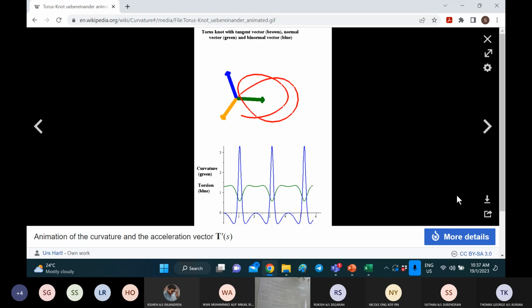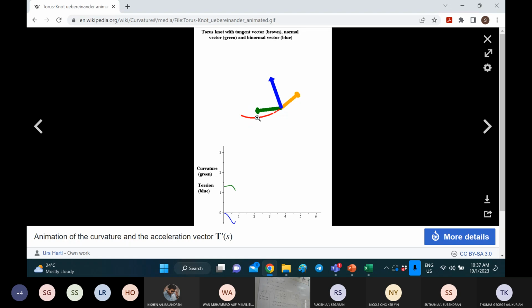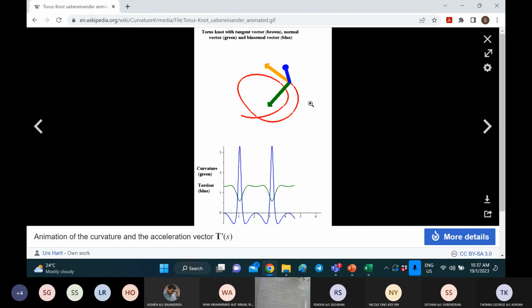Okay, check. Now I want you to look at this one. The yellow color is tangent, the green is normal, and the blue is binormal. You see this one keeps moving to the left-hand side, right?